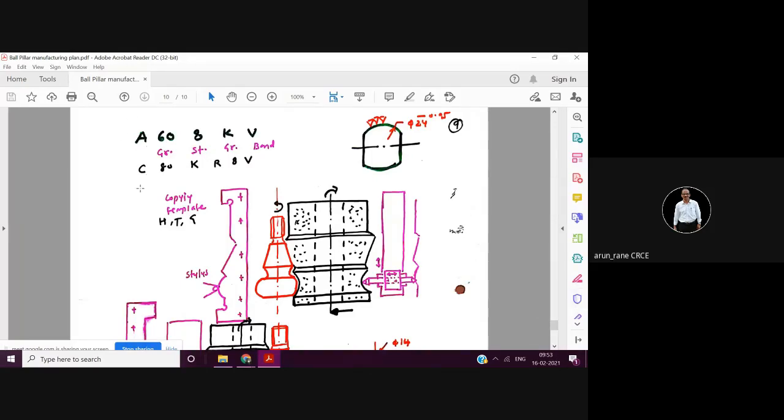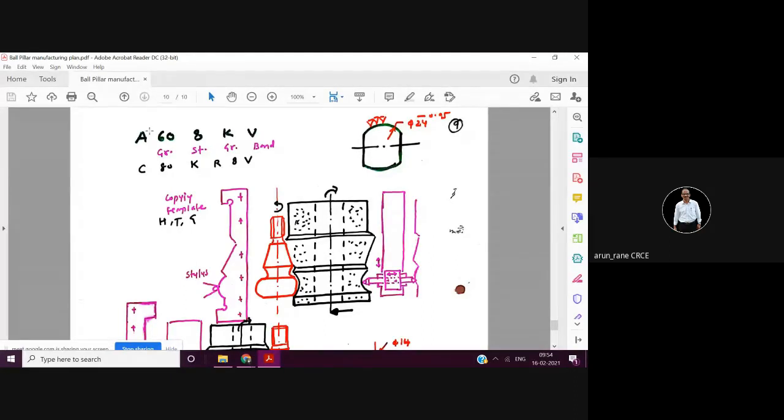Silicon carbide is again a naturally available abrasive. So these are the two basic abrasives. Then two more abrasives: diamond is used as an abrasive, and cubic boron nitride is used as an abrasive. So these are the four abrasives which are used.